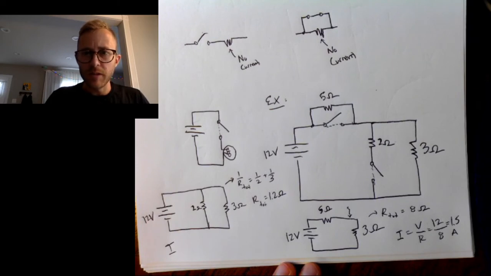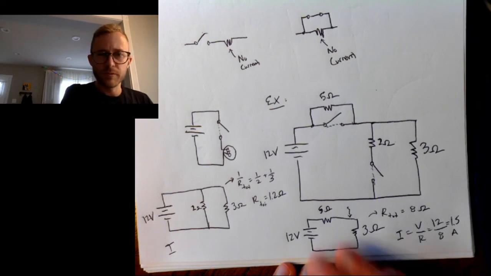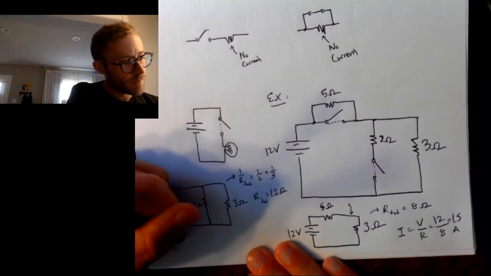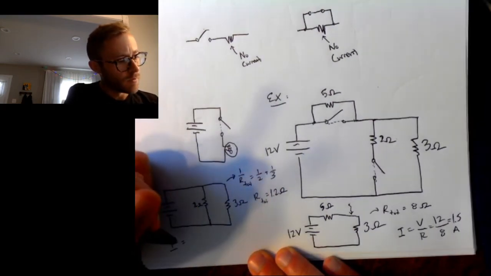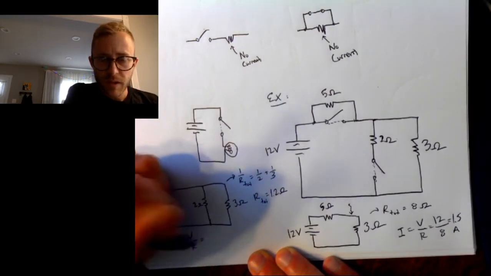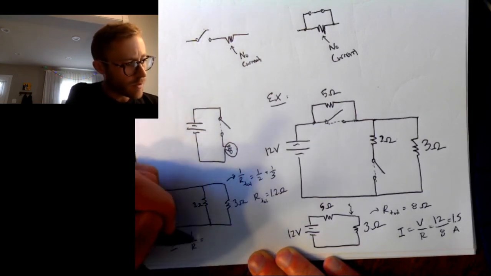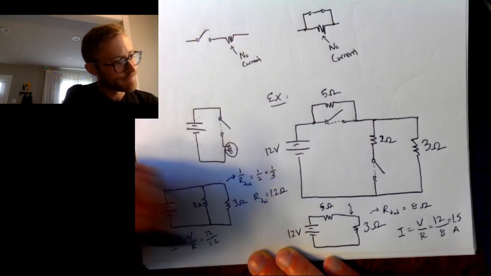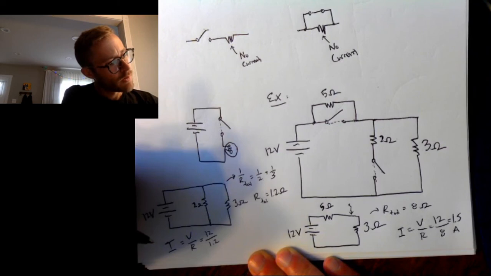So that means that the amount of current that flows is going to be volts over resistance. It's going to be 12 over 1.2, which is 10 amps.